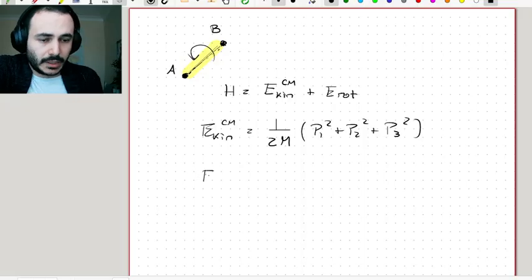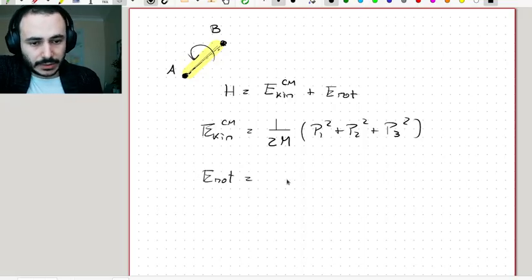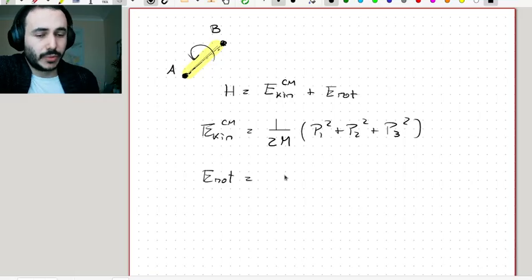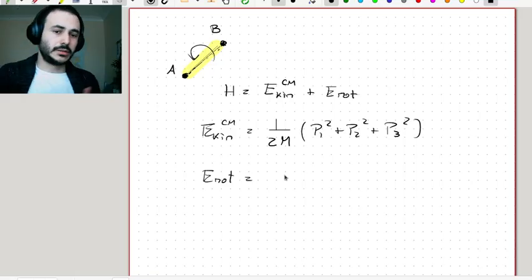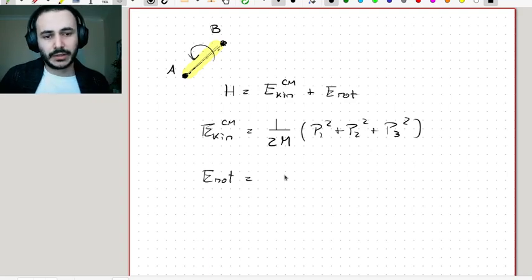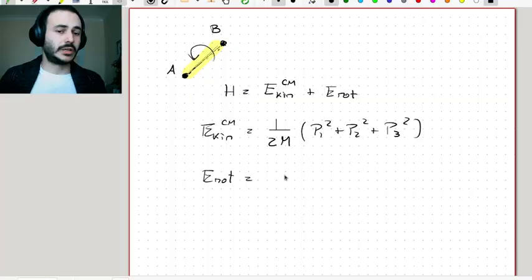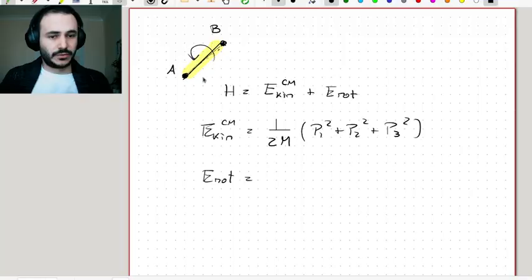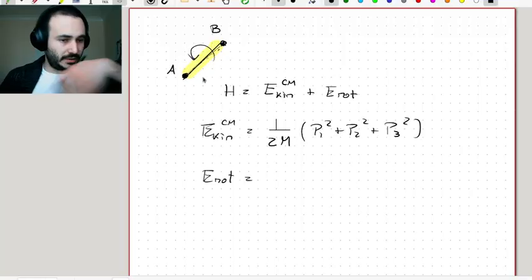And the rotational part of the energy is generally going to include 3 more degrees of freedom because a solid can rotate along 3 different axes in principle. Thing is, this is not really a 3-dimensional object, it's a 2-dimensional object because this line that connects the 2 atoms is mathematically a line, so it has no width, and it doesn't make sense to think about the rotation about this axis because there's no mass around it.